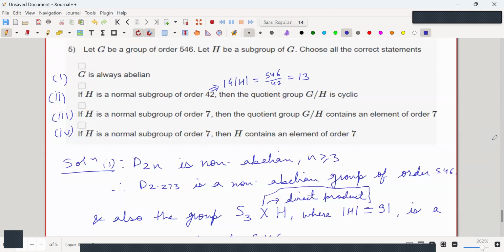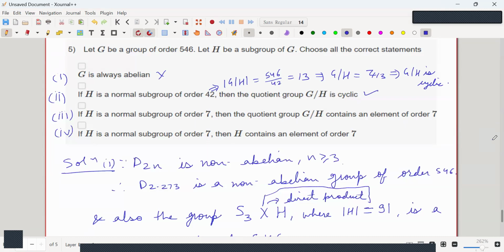Which implies G by H is Z13, and that will give you G by H is cyclic. So this is correct. What about the third one?